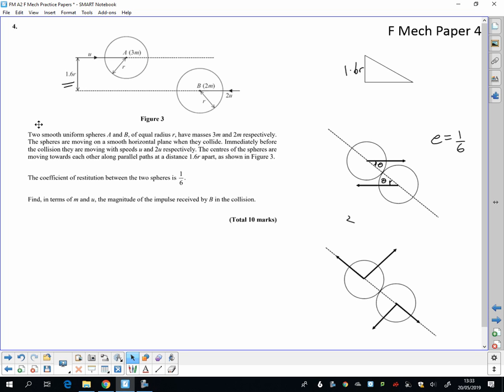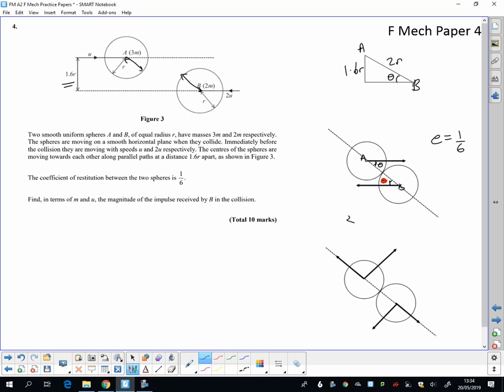So there's 1.6r. If I label this theta, so I'm looking at this one here that I'll label in red. So this is point B, and this is the centre of A. Well, what do we know? A to B is going from A across there, which is going to be one radius, and then across to B, which is going to be another radius.